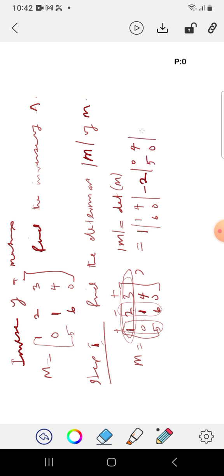Then the third one will be a plus 3. You open the determinant, blind this, then release the others.